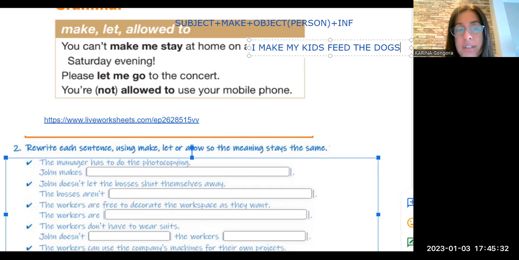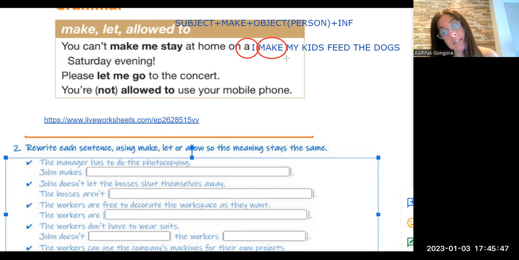That is the important thing. Eso es lo importante. We have subject, como dije antes. Luego make, right? Conjugado como sea. Si yo lo dijera en pasado, I would say, I made my kids feed the dog, right? Lo puedo decir en pasado, lo puedo decir en futuro. I will make my kids feed the dogs, right?